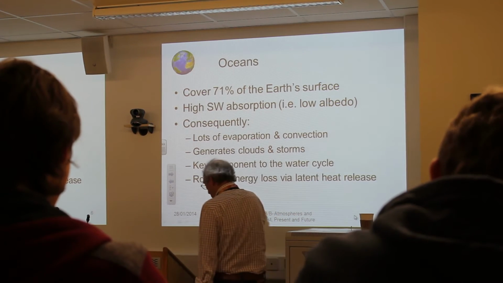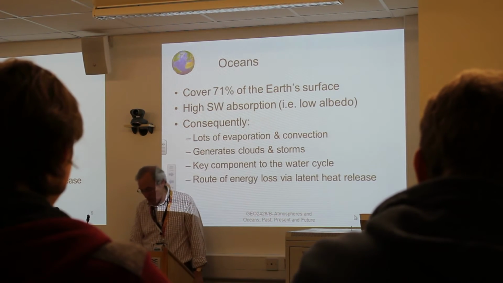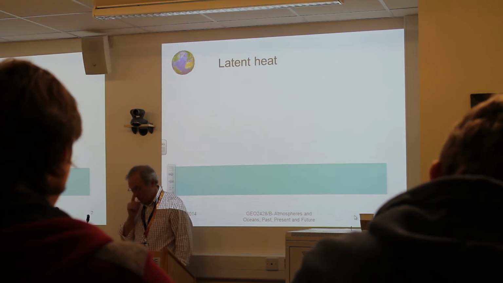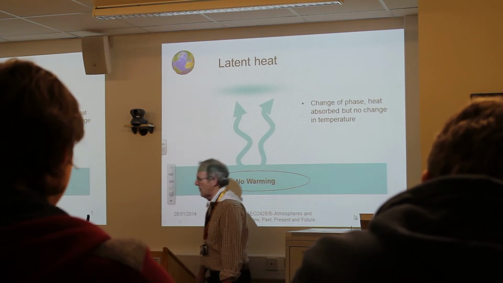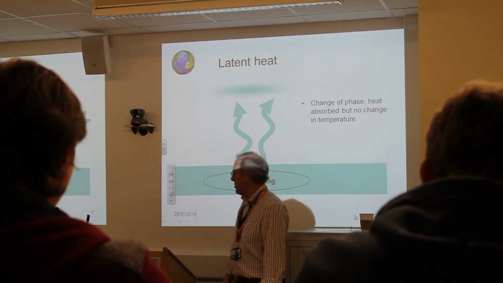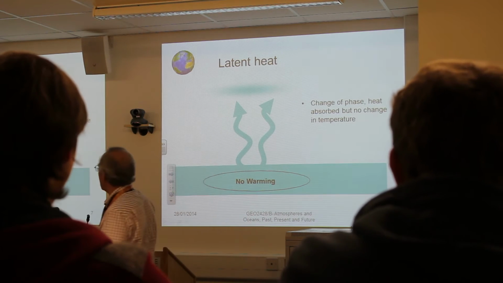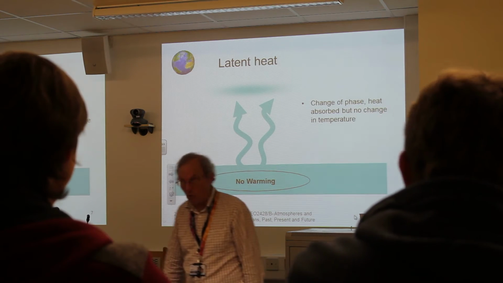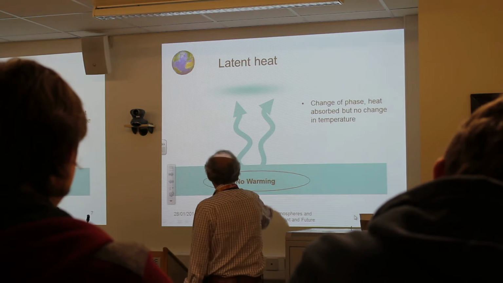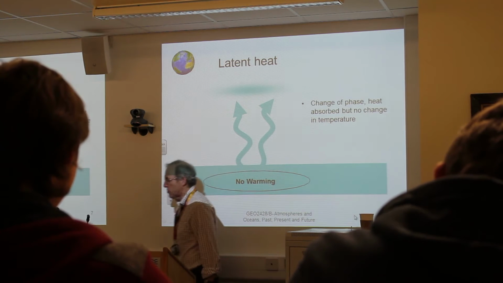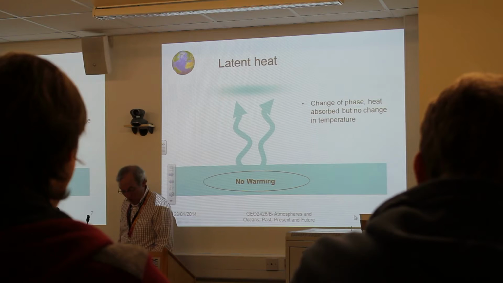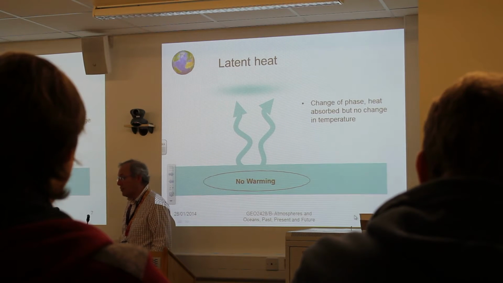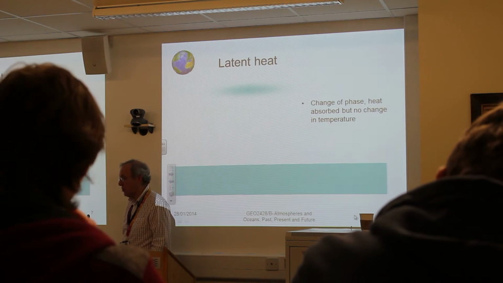So it is a mode of energy transference that we need to understand. And effectively with latent heat, remember that you can get a change of phase without a change in temperature, although heat is absorbed. So if we get evaporation taking place into a cloud, that is effectively a change of phase and isn't necessarily a change of temperature.